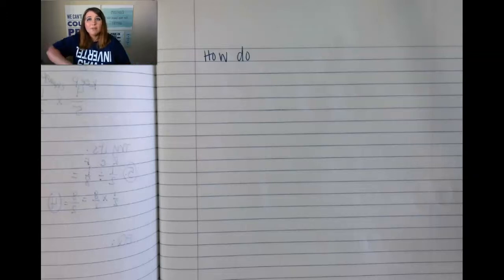Yesterday we were learning how to divide fractions by fractions. Today we are going to learn how to divide fractions by mixed numbers. First we're going to look at what we did when we were multiplying mixed numbers, taking that concept of converting mixed numbers into improper fractions and putting it together with what we did yesterday with dividing fractions by fractions.